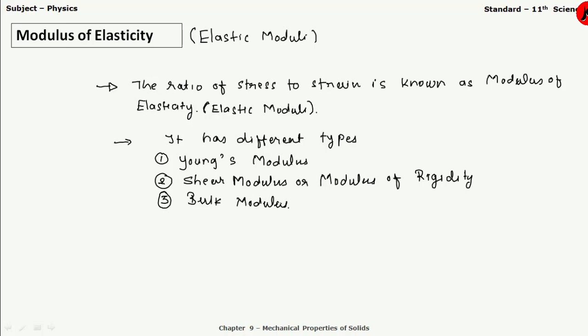And today we are going to discuss all these types in detail.